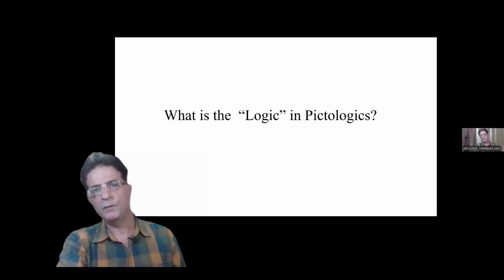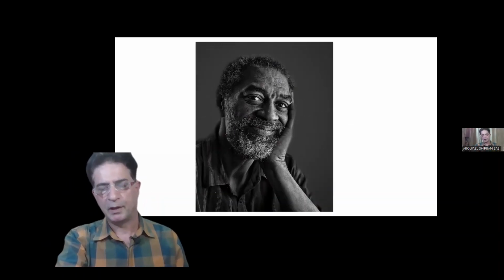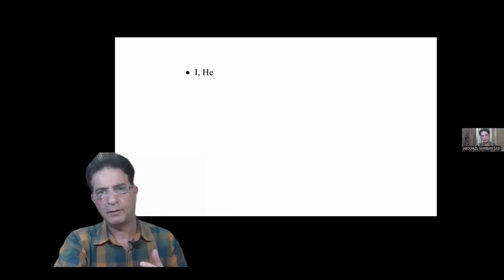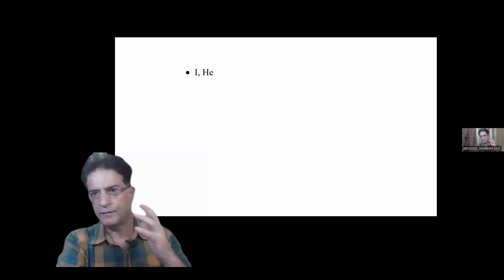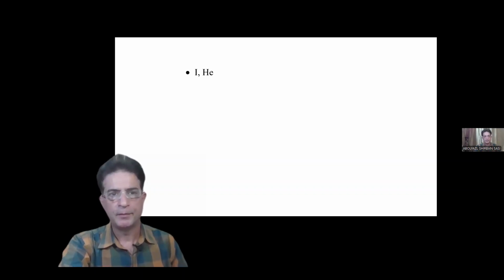Now, let me define what we mean by logic in Pictologics. Suppose that we have this picture. Imaginatively speaking, I can say this is me. So I can say I or he. You might say, you're different, your color is different. I say, no problem. In our imagination, we can change that. It is absolutely possible.